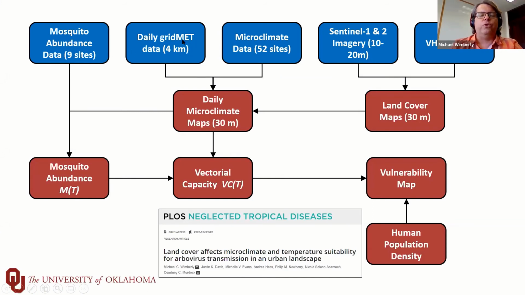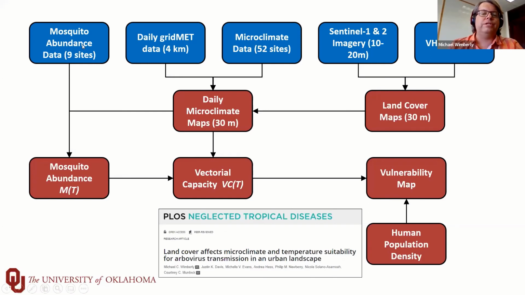We have coarse scale gridded climate data from GridMET. We have microclimate data. And I have to say, this data was collected by my colleague, Courtney Murdoch, who was at the University of Georgia for a while.